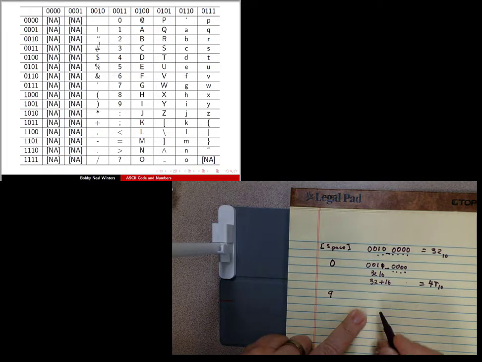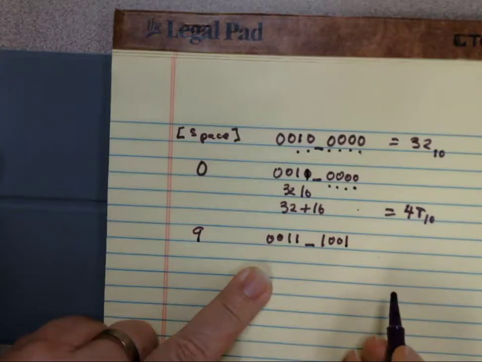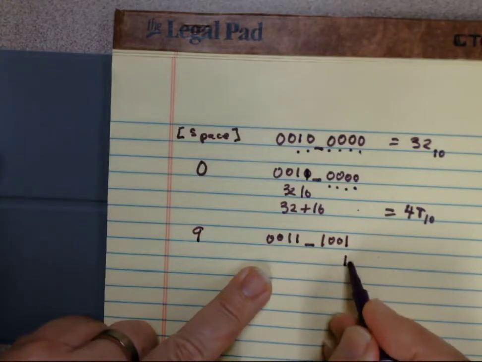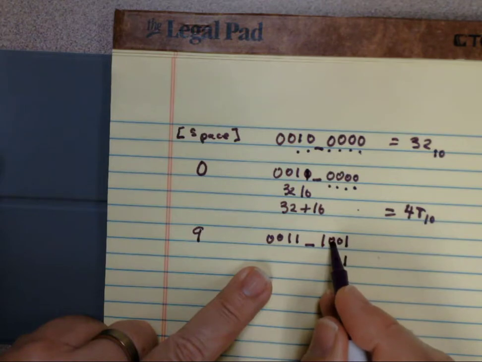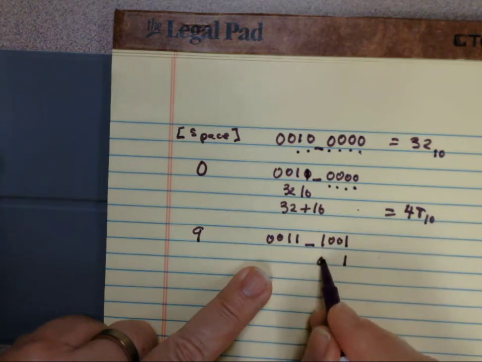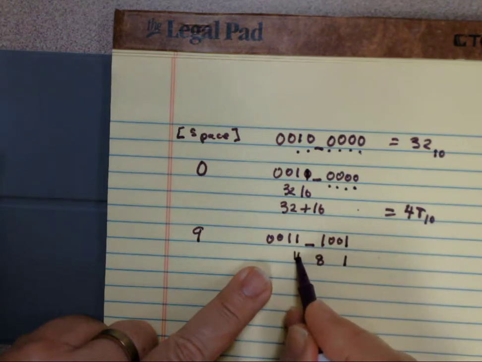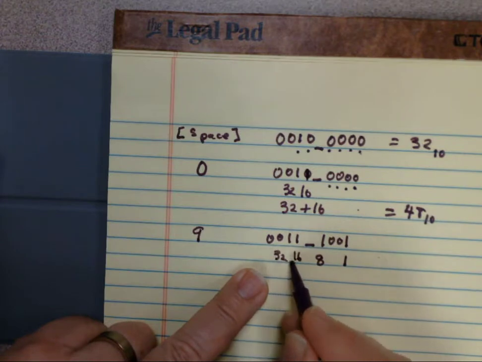Now, let's look at another character, the character for the number 9. It's in the same column, so 0, 0, 1, 1. It's in a different row. It is in the row led with 1, 0, 0, 1. So we have 1, and then 2, 4, 8, 16, and 32.